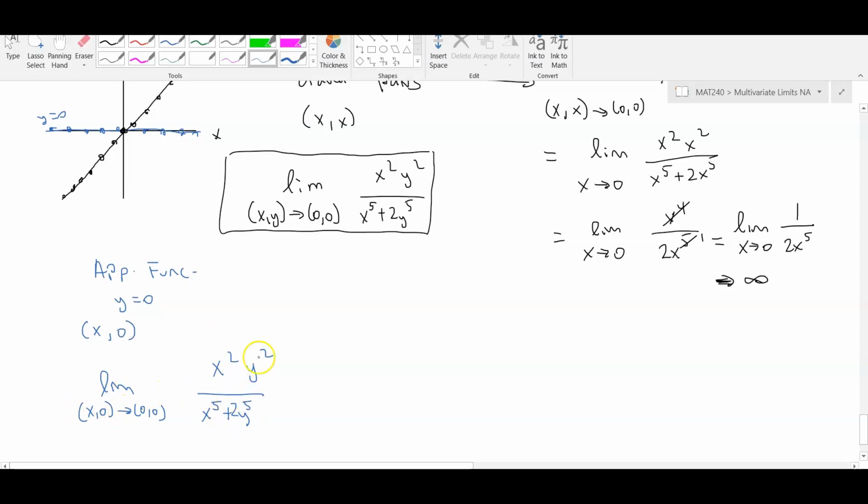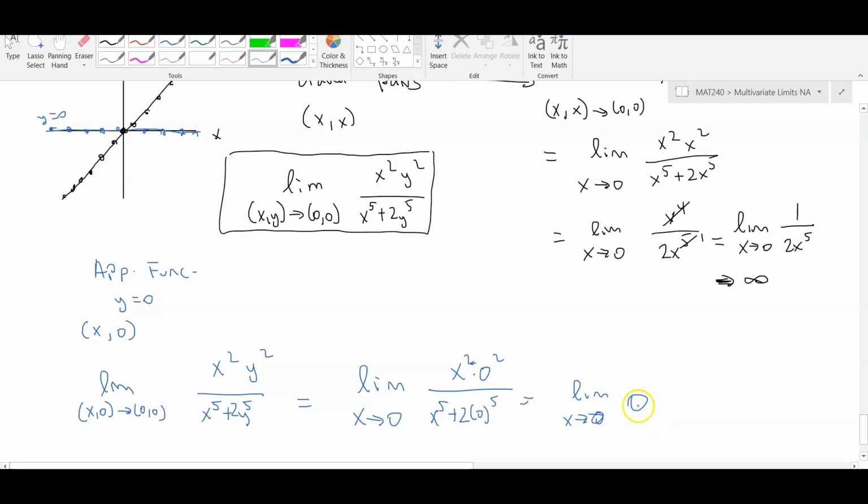Well, y is always 0, therefore that's the same thing as the limit as x goes to 0 of x squared times 0 squared over x to the fifth plus 2 times 0 to the fifth. That's the limit as x approaches 0 of 0 over x to the fifth, which is just 0.